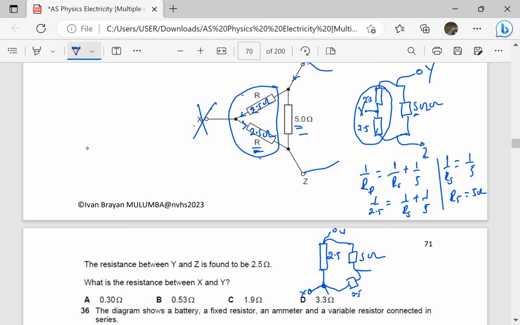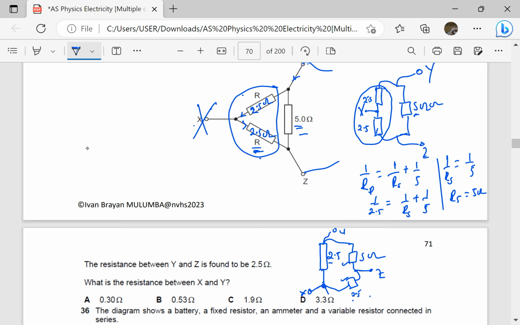So this part of Z is open. If we are finding between X and Y, this side of Z is going to be open. So these two are going to be in series. So we have 5 and 2.5 in series, giving us 7.5.